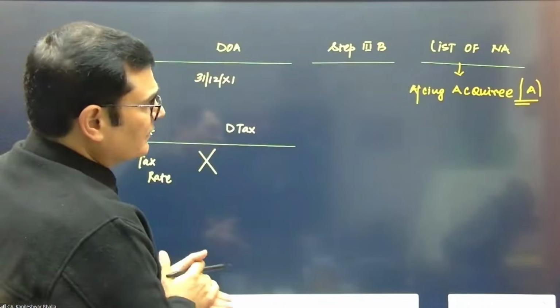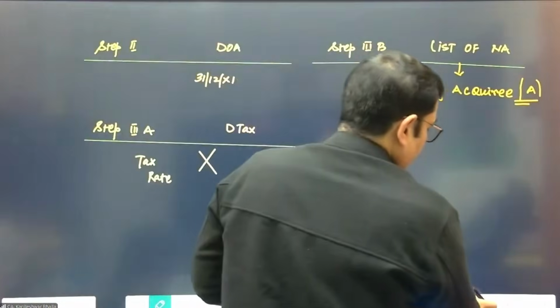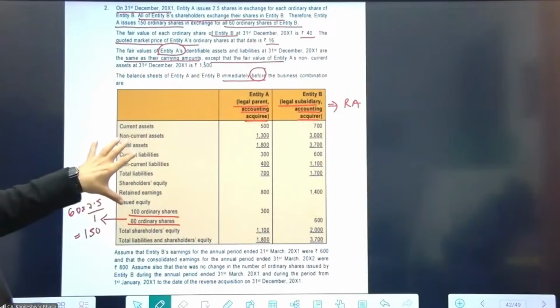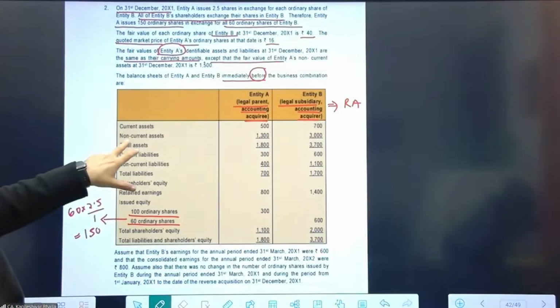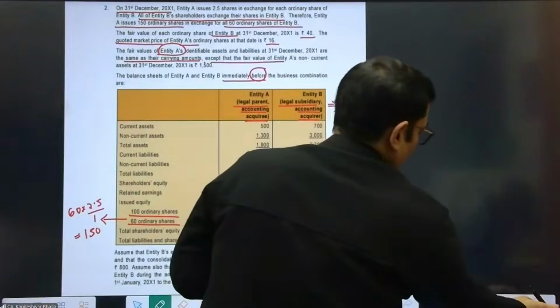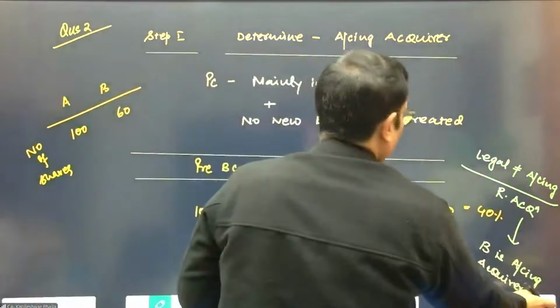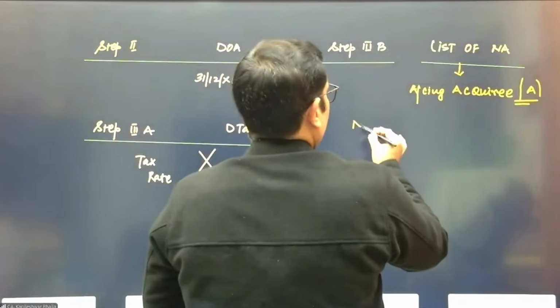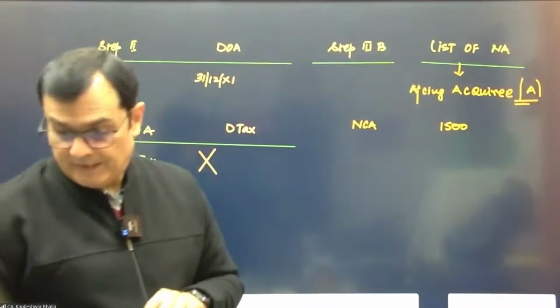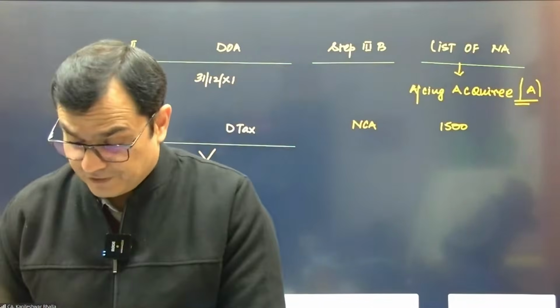Now, let's go back to the data. The question must be there in front of you, in the study material, but I'm just going to pick up one piece of information. We'll move asset by asset. The only fair value given is for the non-current assets, 1500. For the rest, the book values and fair values are the same. So let's take the non-current assets, that's 1500. I'll keep the balance sheet in front of me.